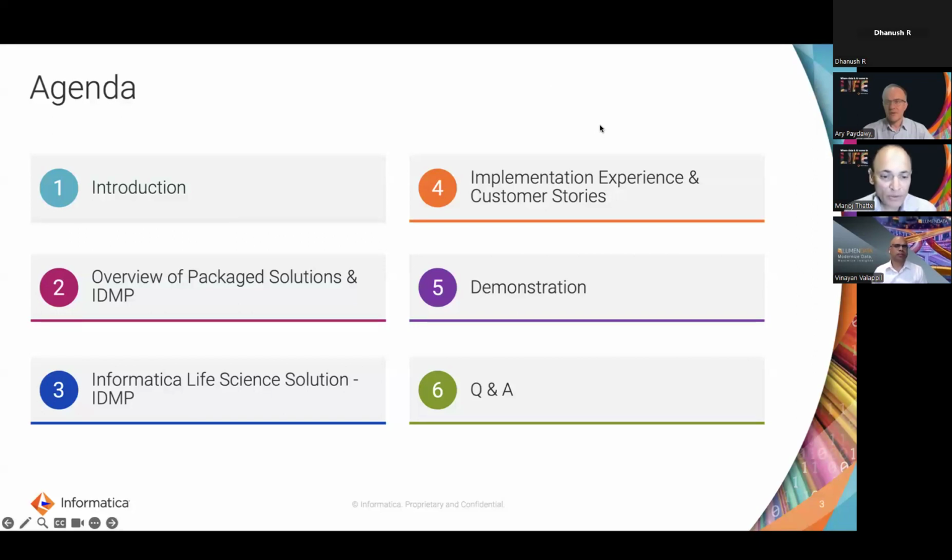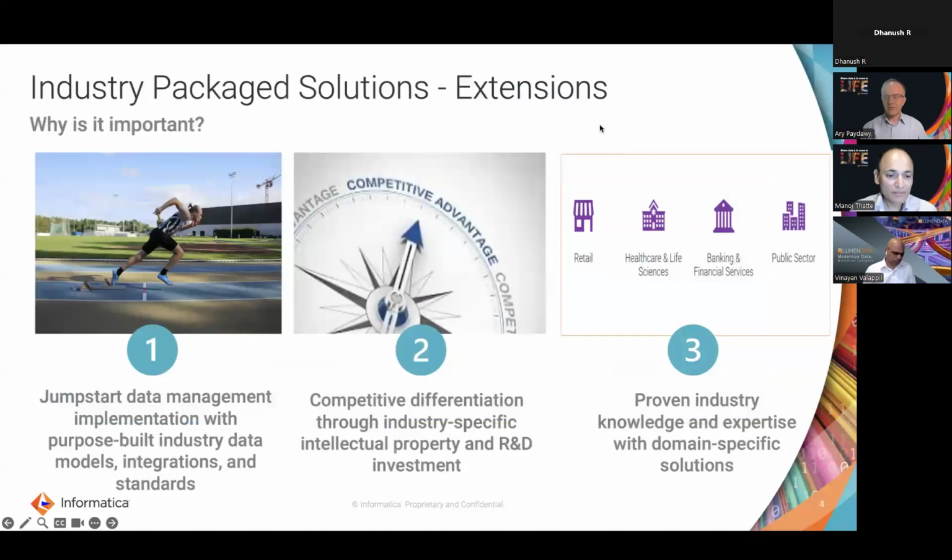Ari, over to you. Great, thank you, Manoj. Before delving into the details, I do want to step back and make a couple of points. One is that, as Manoj alluded to, we have been leaders in data management for over 25 years, and our solution has been modernized to SaaS and built on an AI foundation.